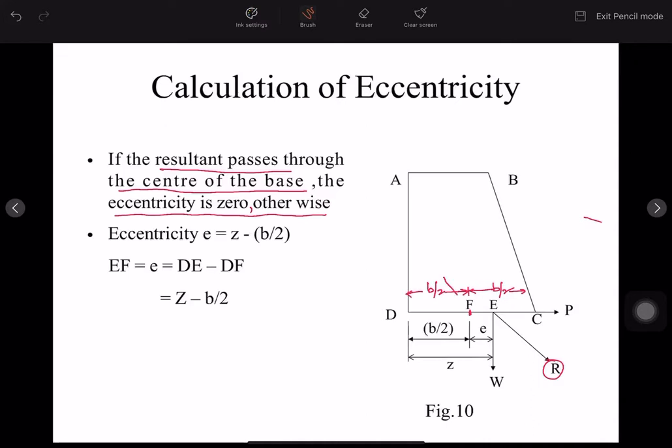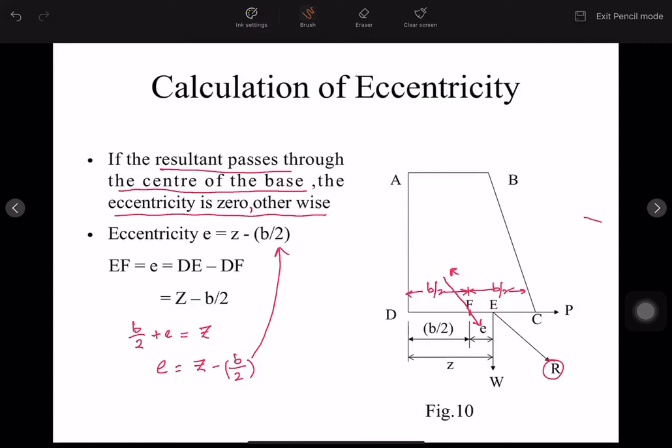If R passes through this center like this, E will be 0. But it is not here; it is not passing through the center. It is passing through a certain distance called Z. So hence we can write B by 2 plus E equals Z, or simply E equals Z minus B by 2.